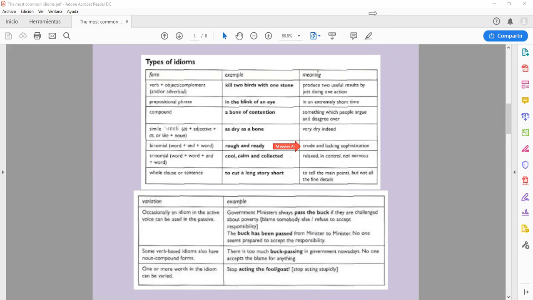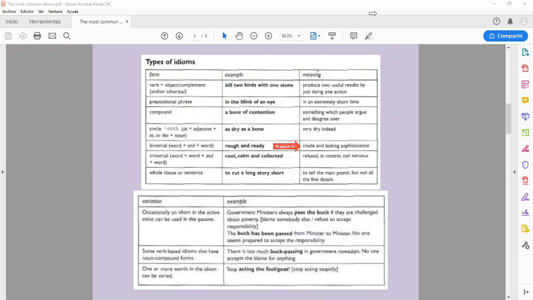Oh, yes, it could be. Because if somebody says, oh, I am dry as a bone, and I don't understand the idiom, I am not going to understand that he hasn't money, for example. That's it, it could be.